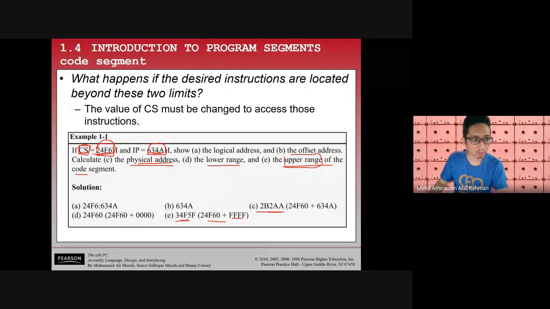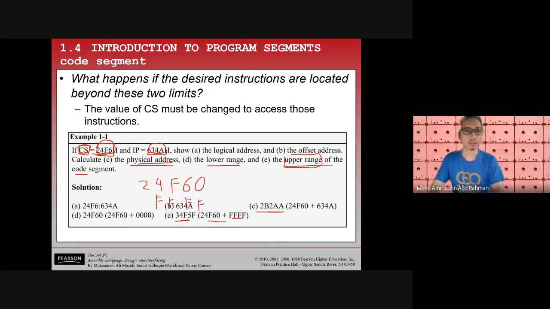So 24F6, we shift, so we have 24F60, and then we add 000 for the lower range, or for the upper range we add FFFF.